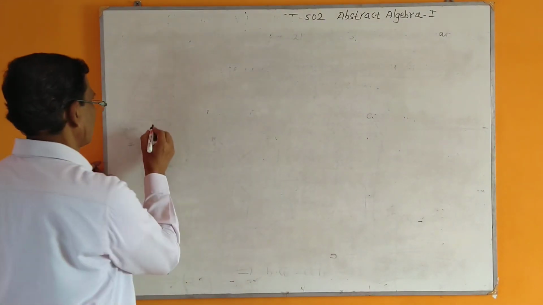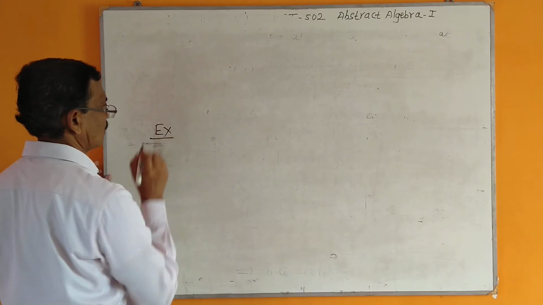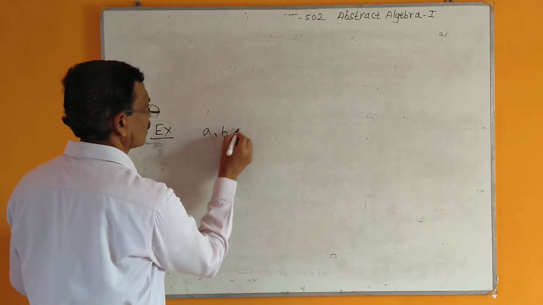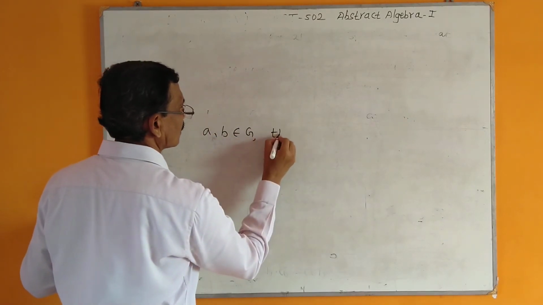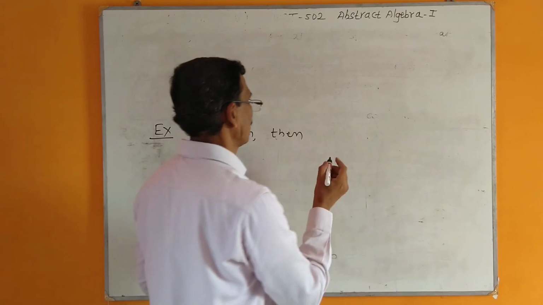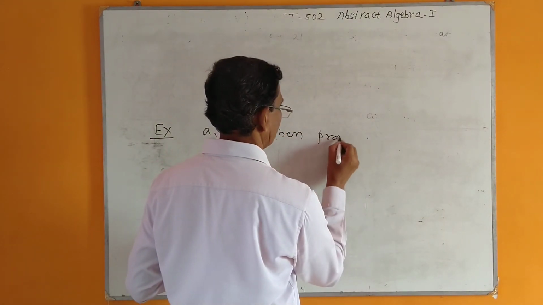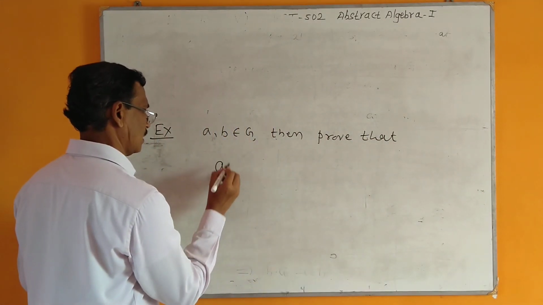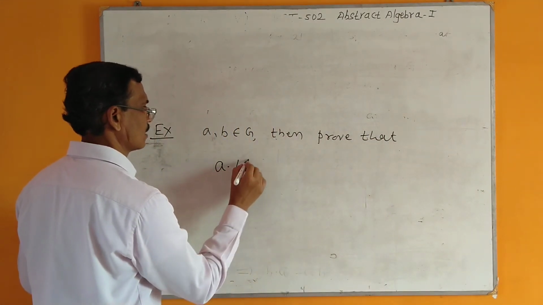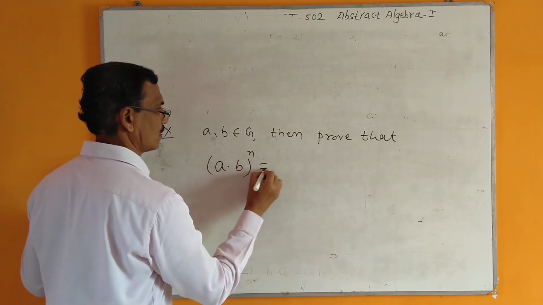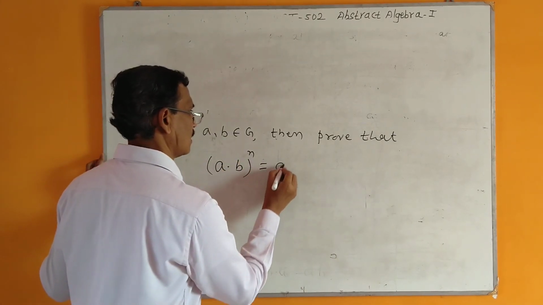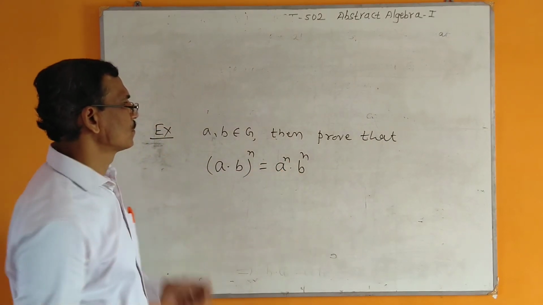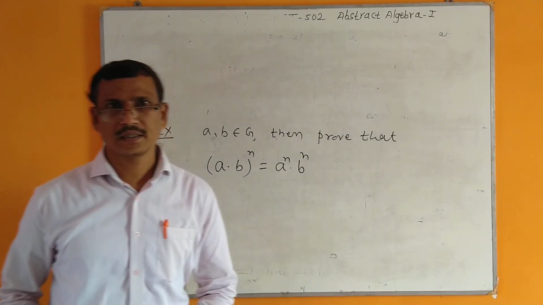Now, as homework, consider G a group and a, b belong to G. Then prove that (a·b) raised to n is equal to a raised to n · b raised to n.